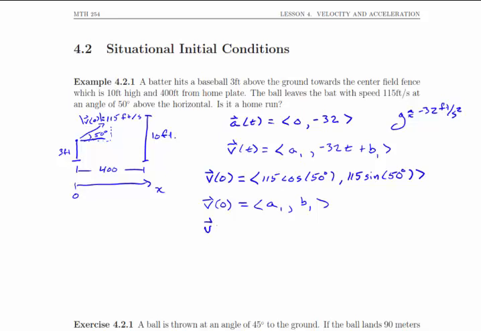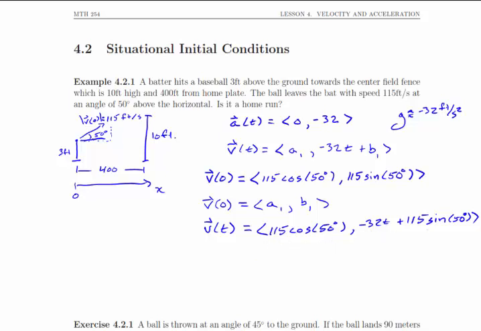So v of t for this situation is in fact 115 cosine of 50 degrees, comma, negative 32t plus 115 sine of 50 degrees. And this actually makes sense for our velocity. We know that our x component for velocity is just a constant. It's not being affected by anything. So my velocity in the x direction just stays at this value.